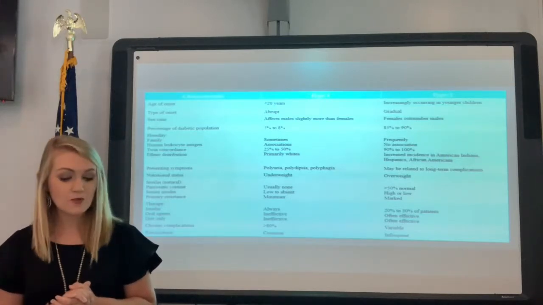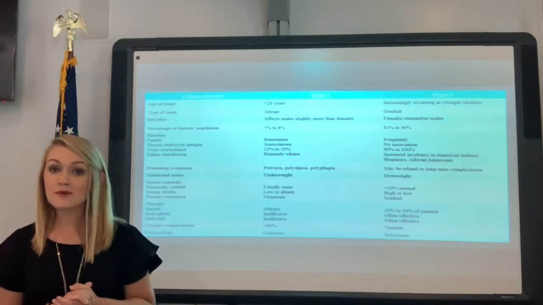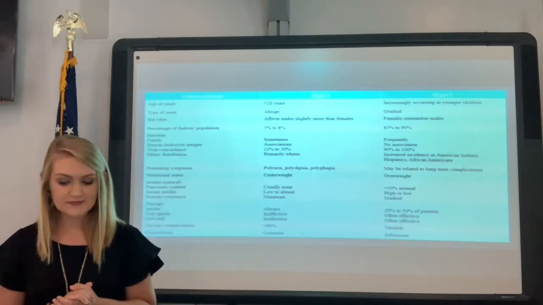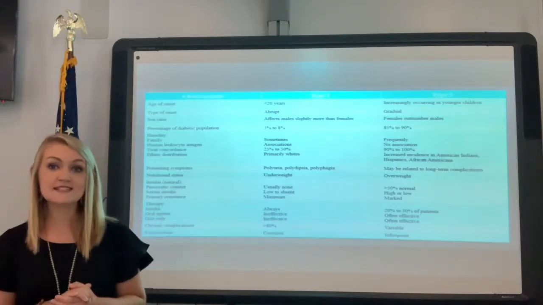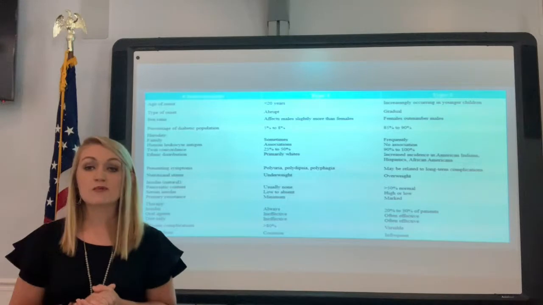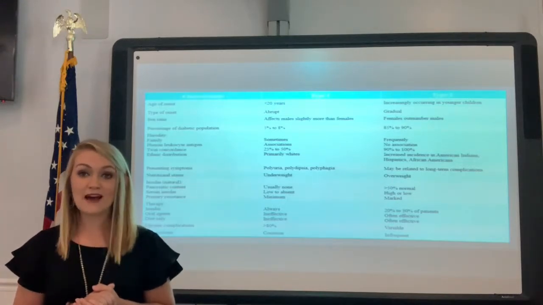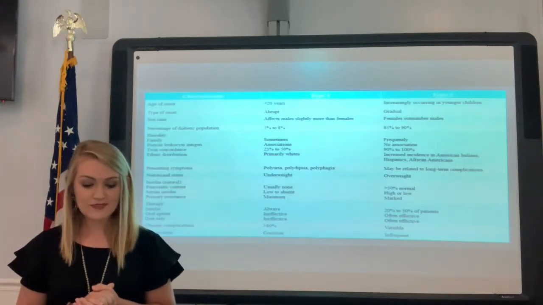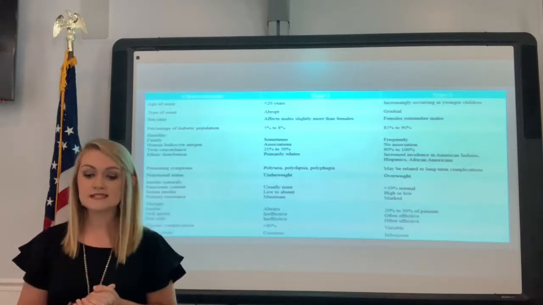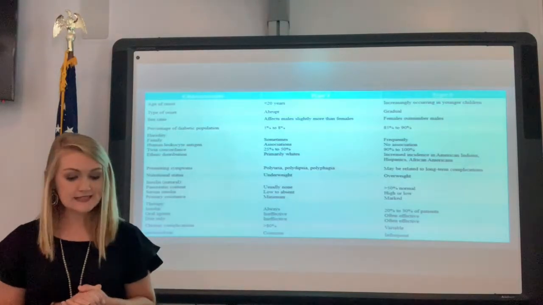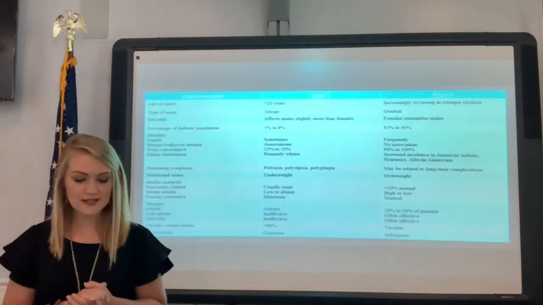Type 1 affects more males than females, whereas in type 2, females are more prominent than males. Type 1 is 5 to 8% of the diabetic population, whereas type 2 is 85 to 90%. Type 1 affects primarily whites, and type 2 is seen more in American Indians, Hispanics, and African Americans.